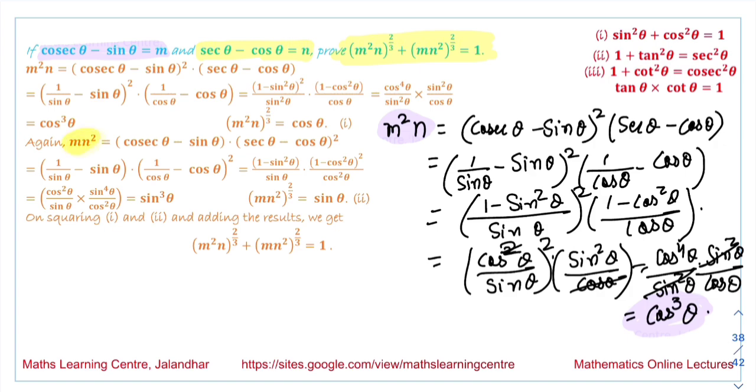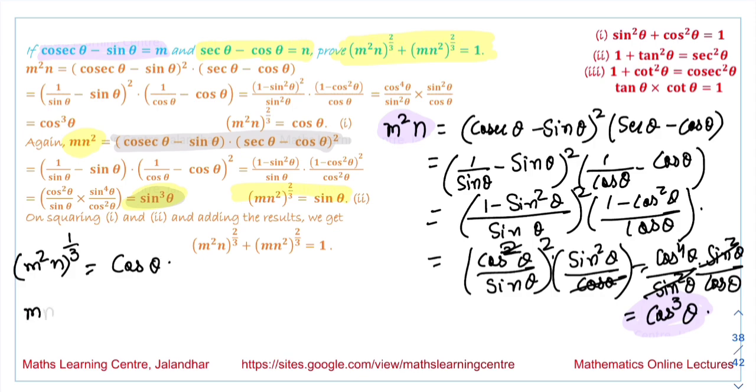Similarly, when we calculate the value of mn square, the answer we will get is sin cube theta. You can check these calculations over here, where we have substituted the values, opened the whole square in this term, and the answer we are getting is sin cube theta. So we have two values now. One is m square n raised to the power 1 by 3, that is equal to cos theta.